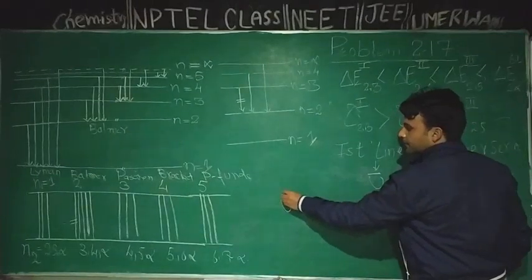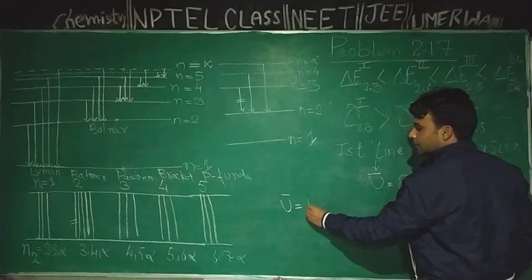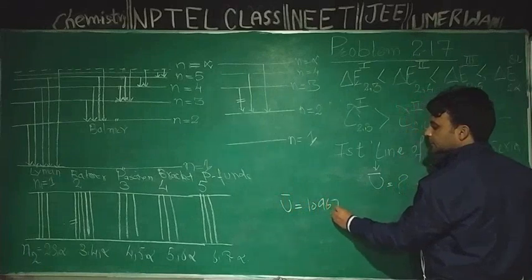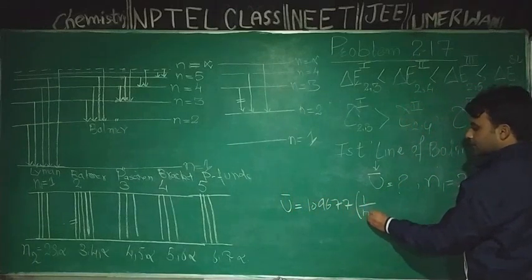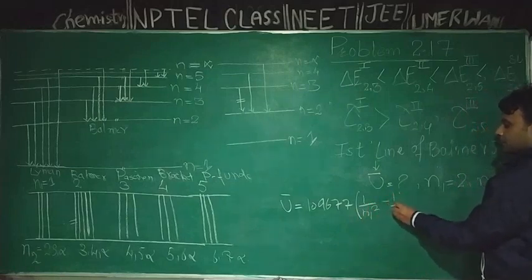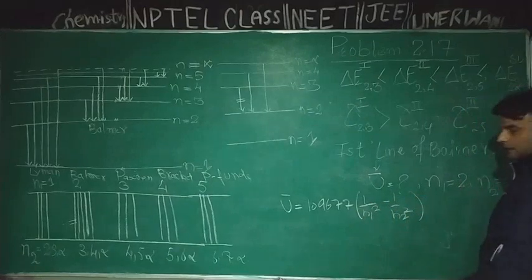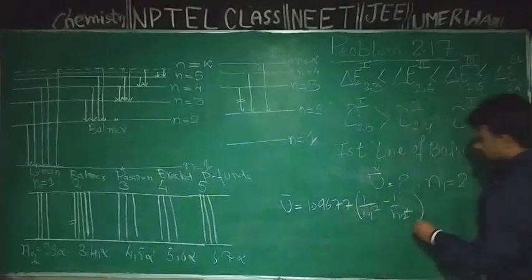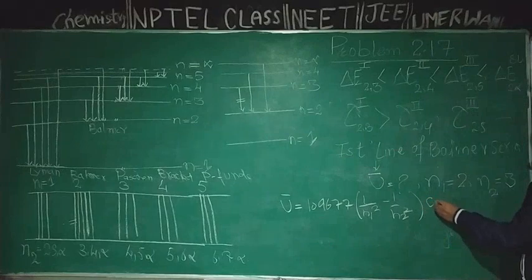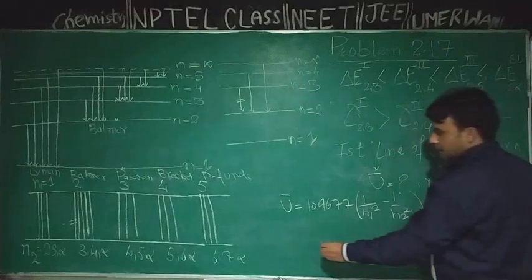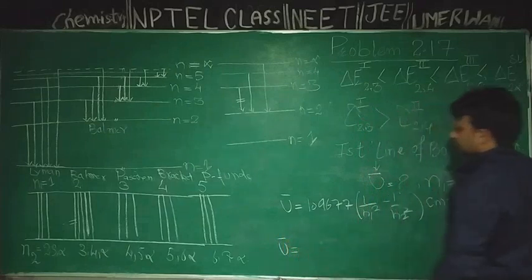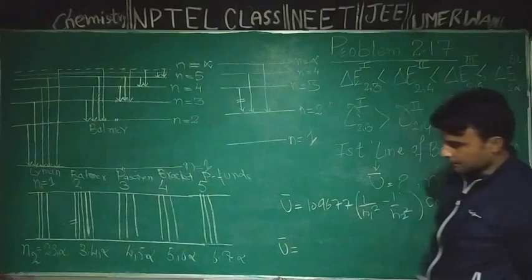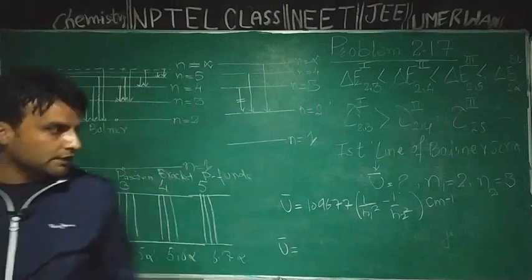Nu bar is equal to 109,677 times (1 by N1 square minus 1 by N2 square). This will come in centimeter inverse.